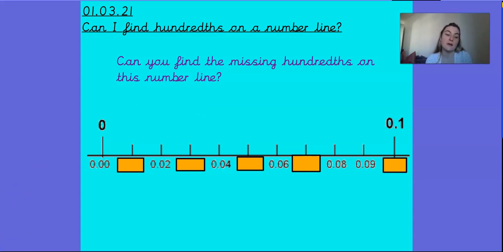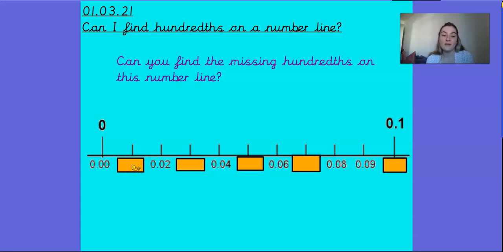I'll pause the video now, but you might notice by what is missing and by what the number line is increasing by each time. Have a look at these two and then you'll be able to find out what the missing parts are. Pause the video here if you would like to have a go.